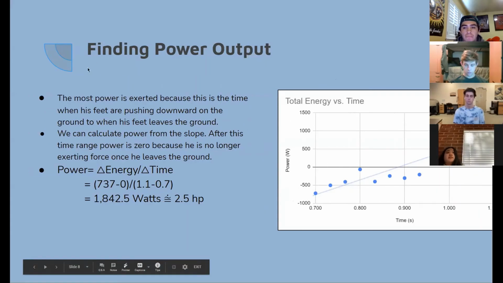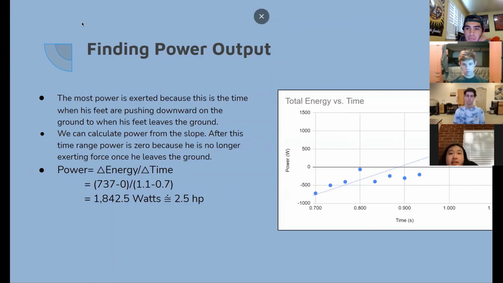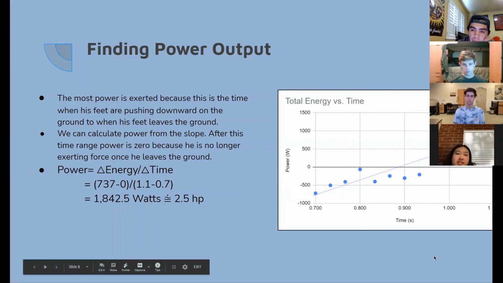For finding the power, we can see this total energy versus time graph, and we can calculate power from the slope. The total energy trend is from 0.7 to 1.1 seconds, and that's when the most power is exerted because this is the time when his feet are pushing downward on the ground to when his feet leave the ground.